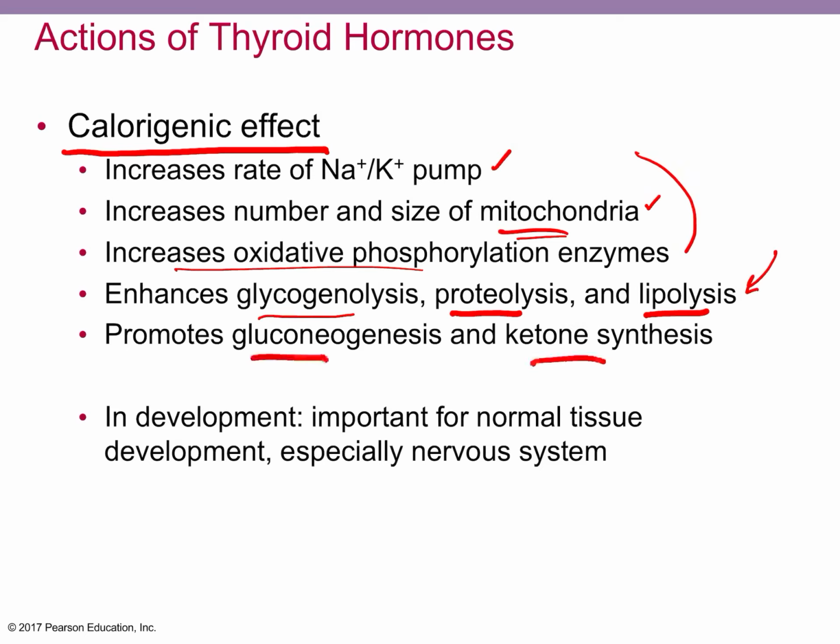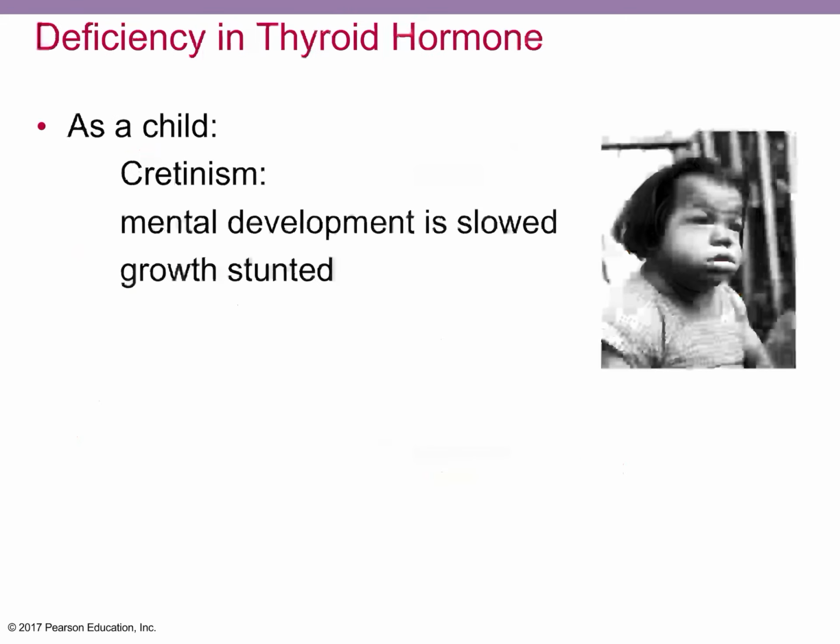All right, so your thyroid hormones are necessary for catabolism. It's necessary for ATP production. It basically is your metabolic rate hormone. In development, it's really important that the right amount of thyroid hormone is secreted, because it has a big role in the nervous system. And if you have low amounts of thyroid hormone as an infant or as a child, that's going to affect your mental capability.